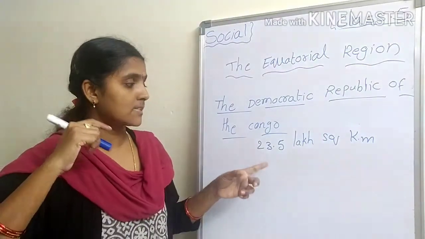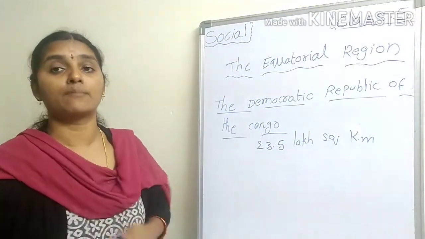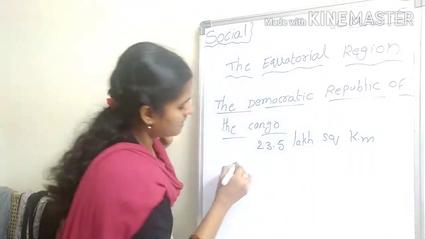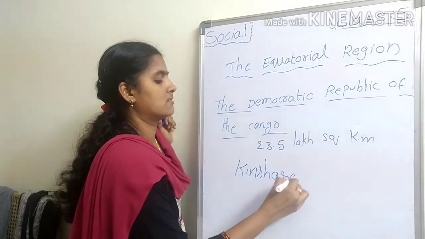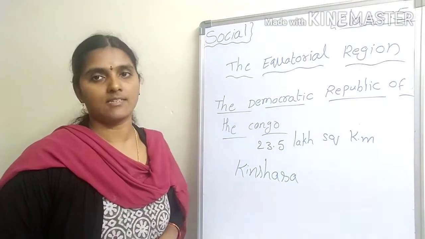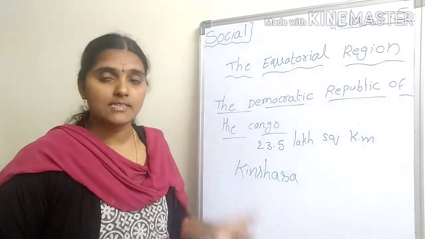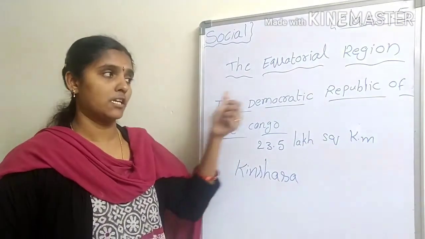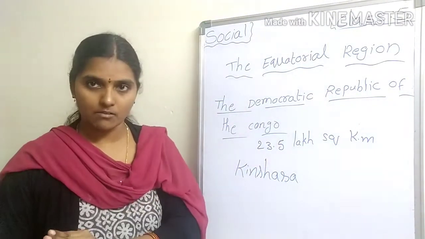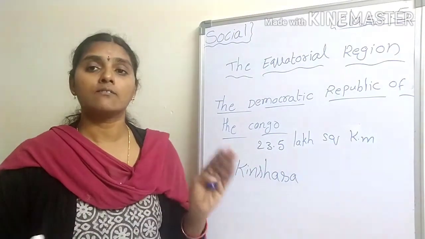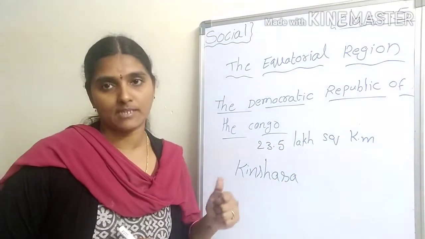Understood? Next, its capital is Kinshasa. Okay? Its capital is Kinshasa. The Democratic Republic of Congo lies in the Equatorial Region, covering an area of 23.5 lakh square kilometers.